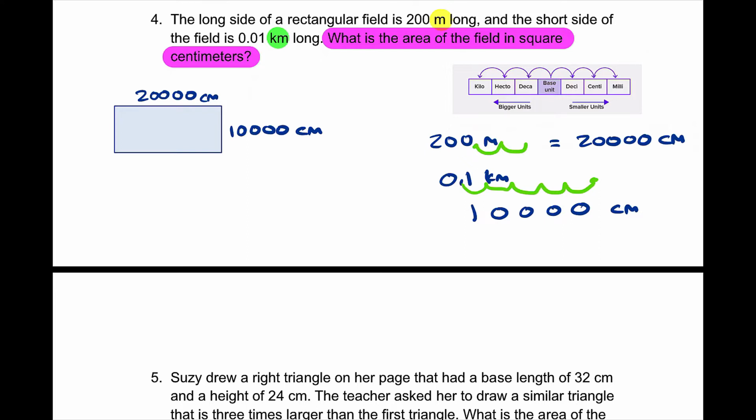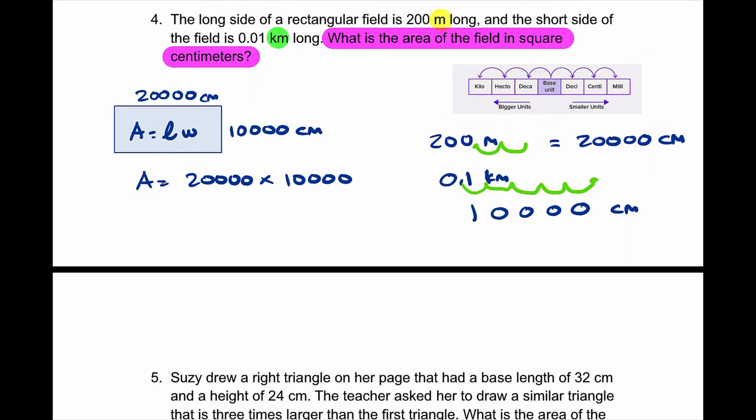And how do we calculate the area of a rectangle? It is length times width. So area equals length times width. Now, it looks like a big calculation, but it's actually really easy to do here.